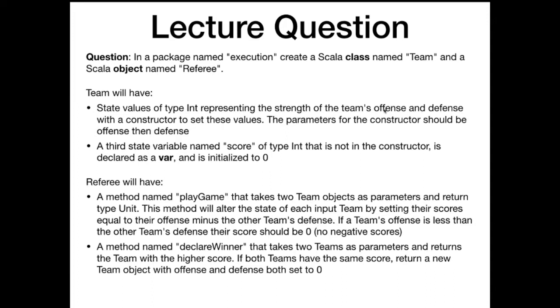So if in your tests you're saying team.offense, assert team.offense equals 5 after you create a team with 5 offense, that's most likely going to cause errors in AutoGrader because you're relying on the chance that I also name that variable offense.